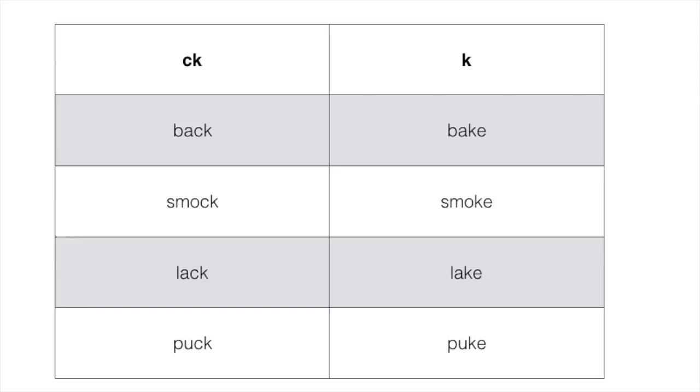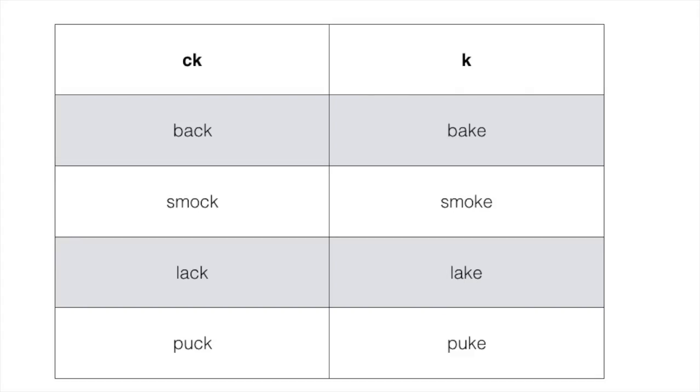Because bake has a long vowel, the E can only jump over one letter and kick the A, usually. And so in order to make the A say its name, it needs an E at the end. If you take off the E, it would go back to saying its sound.